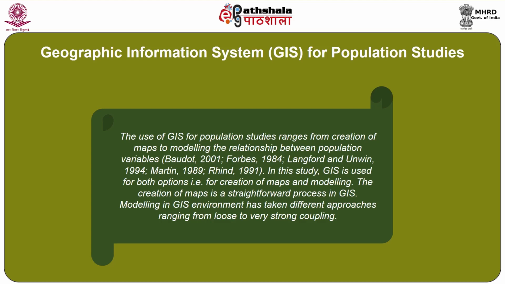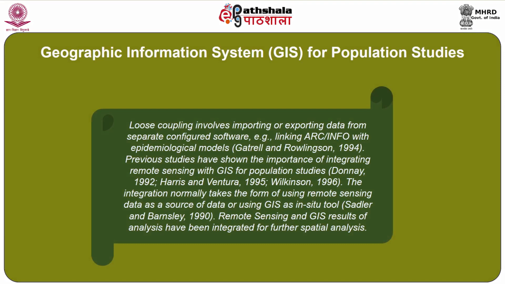The creation of maps is a straightforward process in GIS. Modeling in a GIS environment has taken different approaches ranging from loose to very strong coupling. Loose coupling involves importing or exporting data from separately configured software, for instance, linking ARC/INFO with epidemiological models.